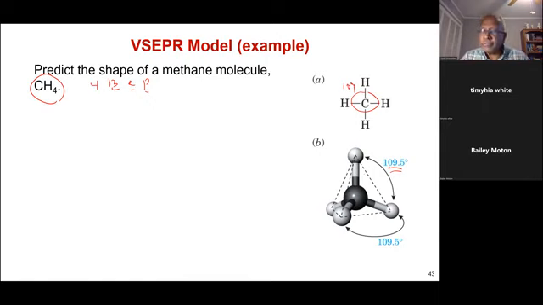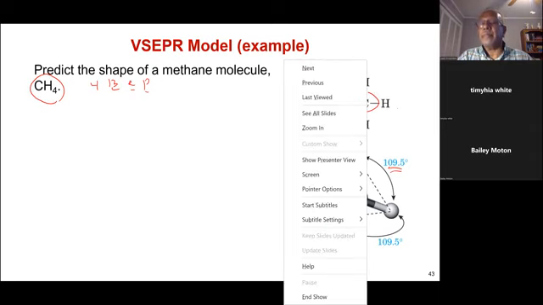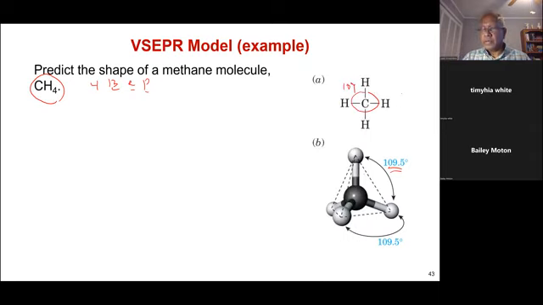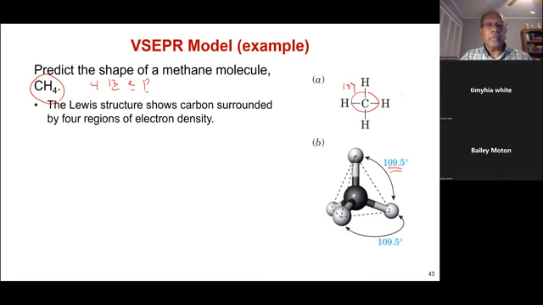That's how you explain the shape of a molecule, the methane molecule, using the Lewis structure. Look at this central atom. To predict the shape, the central atom is the one that decides the shape. The Lewis structure shows carbon surrounded by 4 regions of electron density.